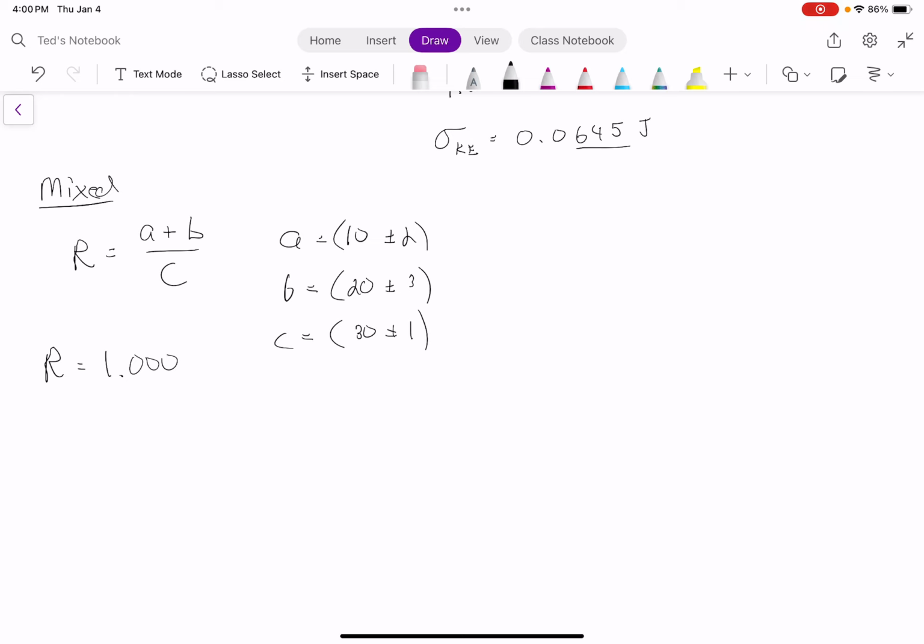But what's the uncertainty in R? And it has uncertainty because each of the things we're using to calculate it also have uncertainty. Well, again, I can't use rule 1, I can't use rule 2, so I'm a little confused.